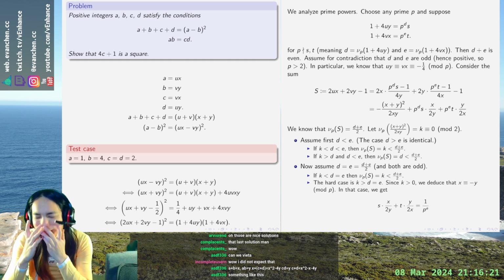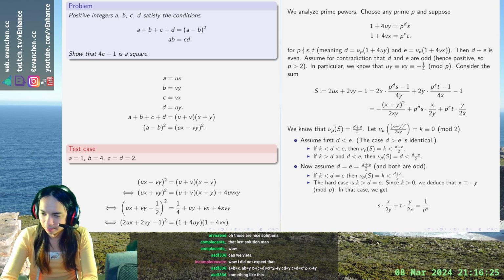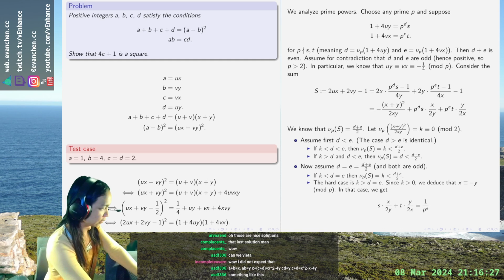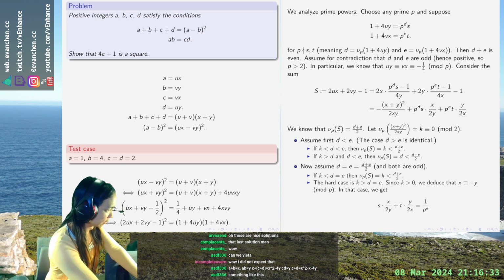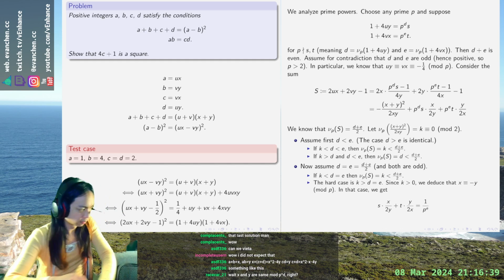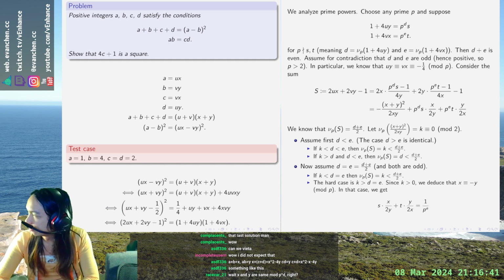I really don't want to use it. X and Y are the same. I agree, X and Y are the same mod p to the d.